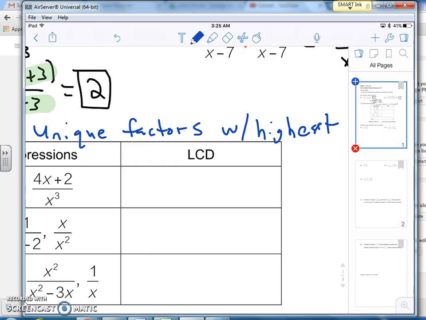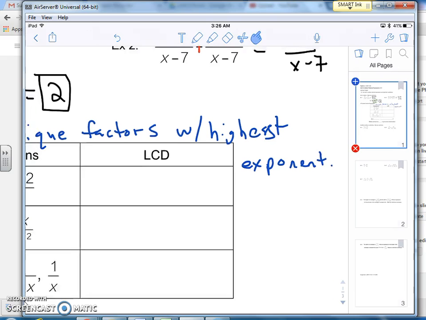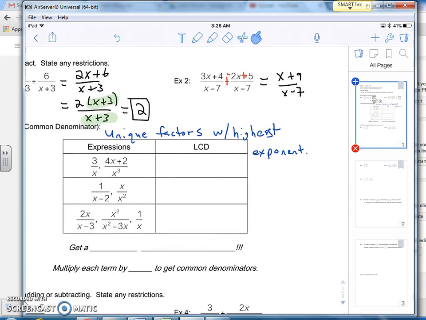With the highest exponent. So this is kind of a weird thing, but this is how I think of it. So the LCD is the unique factors of the denominators with the highest exponent.